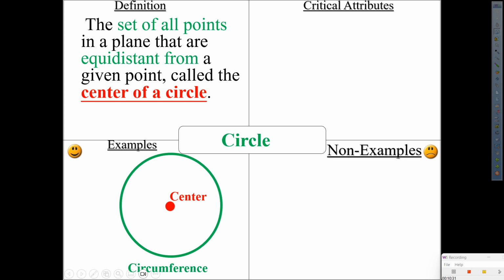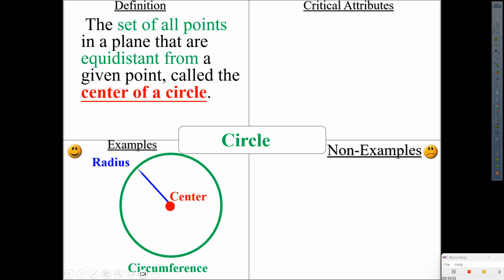Sketch your circle. Label the center. Let's label some other stuff that we know. What else do we know? Well, the radius is from the center to the circumference, or to the circle. What else are we missing? We're missing one more, aren't we?